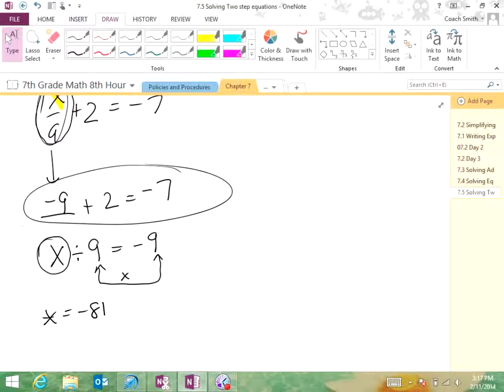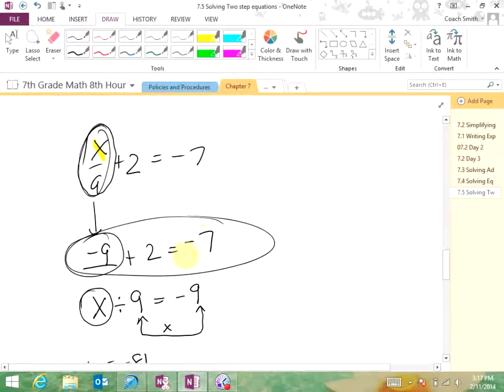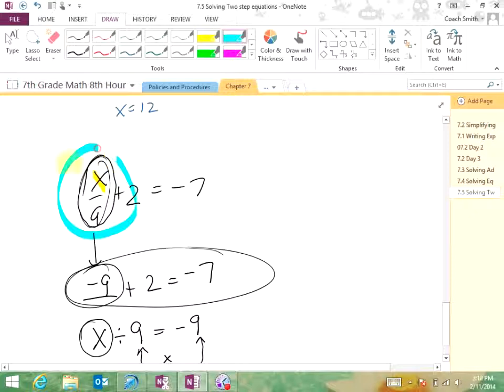Well, now that I know that this number is negative 9, I have to plug it in to this part right here and figure out what it is. And so I've got some number right here, and it's over 9. I've got some number over 9, and that's going to equal negative 9.